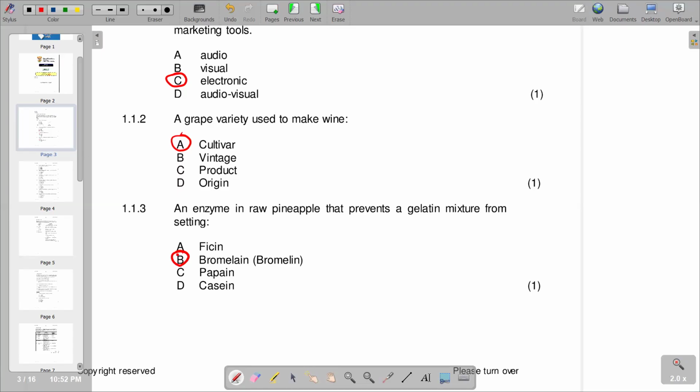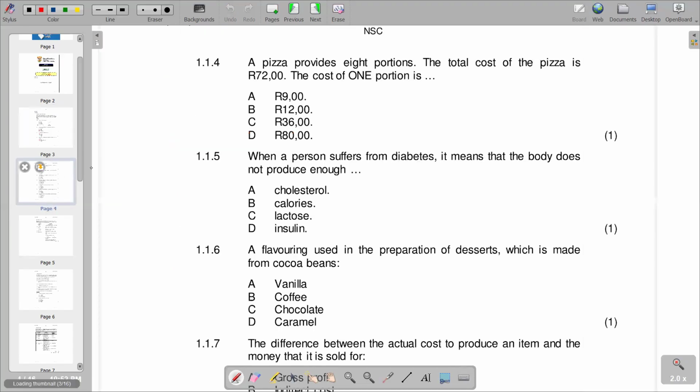So we'll go to the next part, which is now our question 4. A pizza provides eight portions, and the total cost of the pizza is 72 rands. The cost of one portion is, this is just simple mathematics, whereby the total cost is 72, but we have 8 portions.